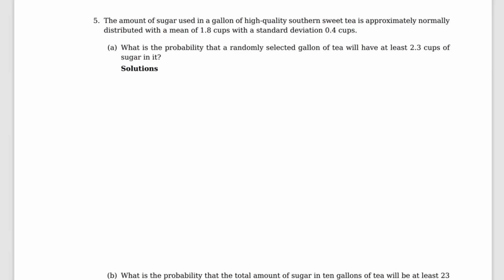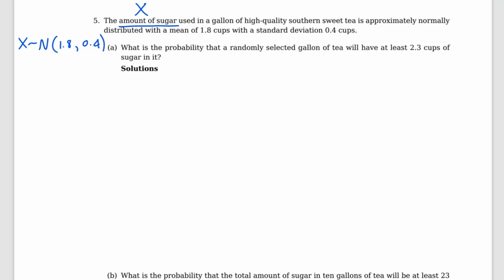Okay, right. So the amount of sugar, unit cups, I say X, used in a gallon of high quality southern sweet tea is approximately normally distributed. Therefore X has a normal distribution with a mean 1.8 and the standard deviation is 0.4.